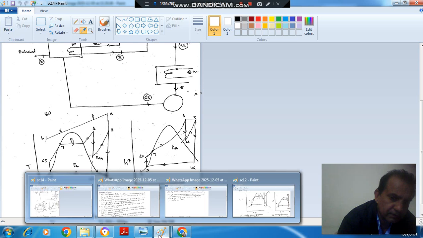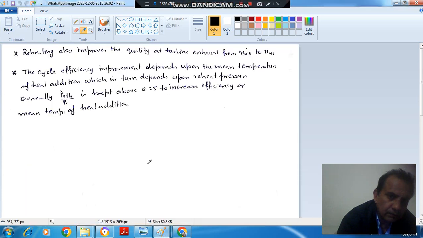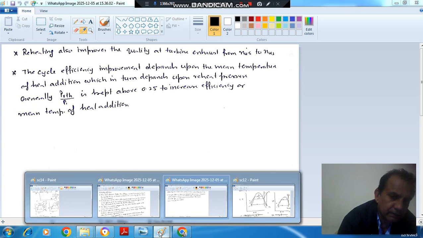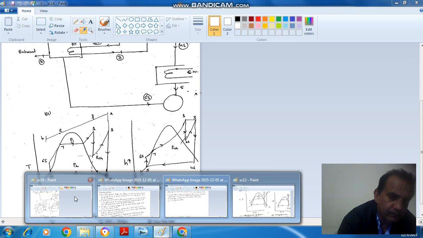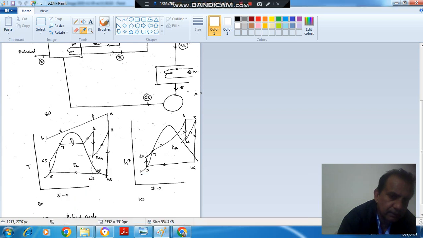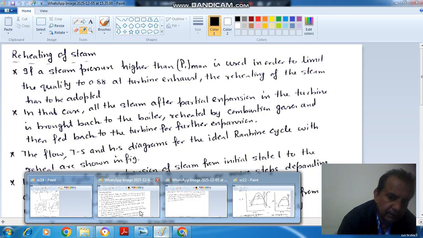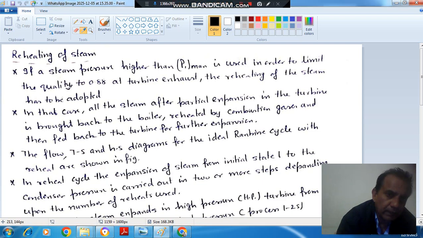This ratio is kept above 0.25 to increase the efficiency, or to increase the mean temperature of heat addition. So these are the advantages of the reheat cycle, and now I will read out and explain each and every point.